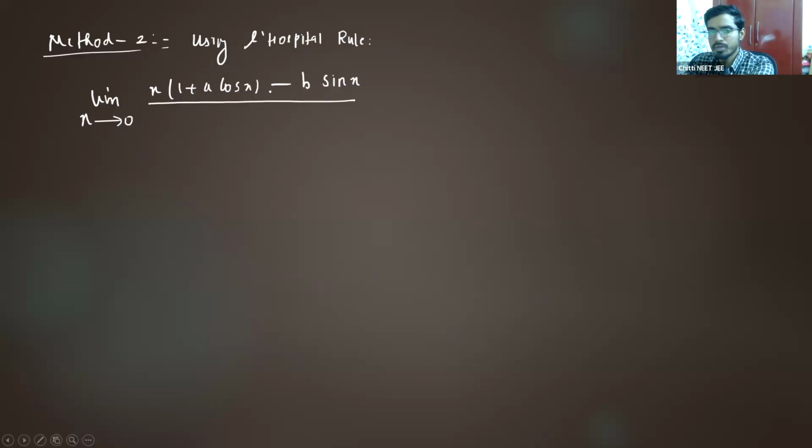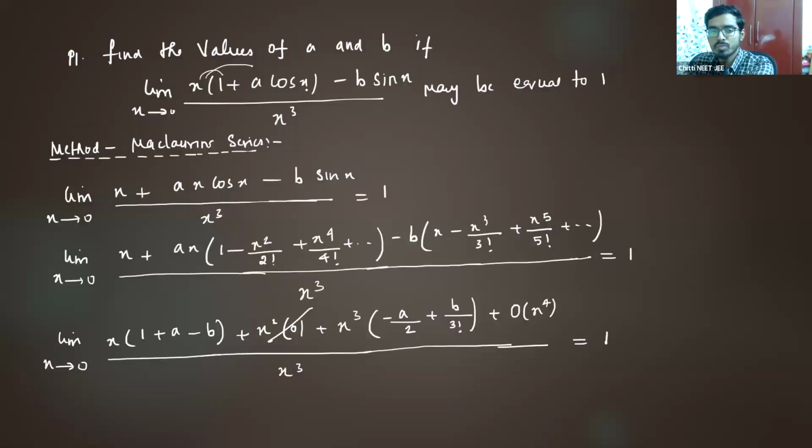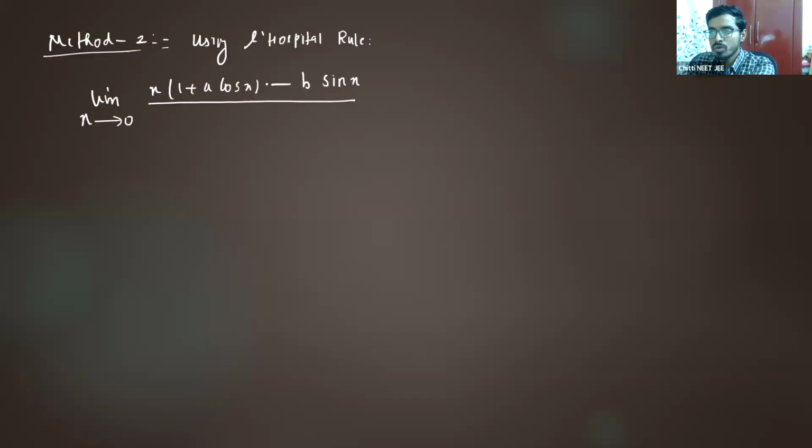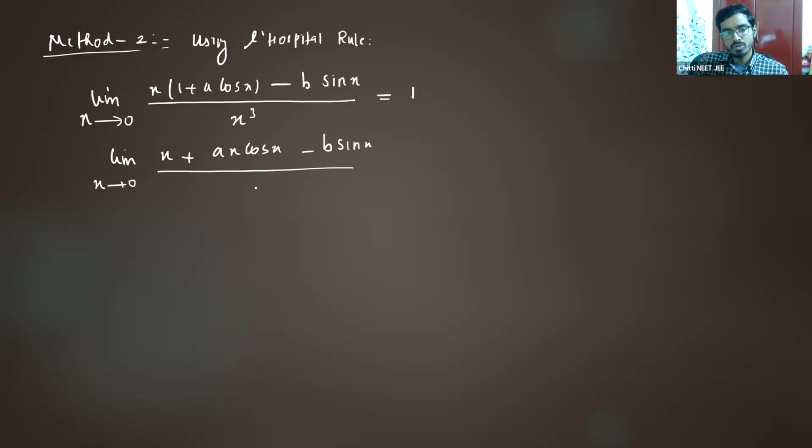I will do 4 to 5 questions, but I'll do the same question using L'Hopital rule. So this is limit x tending to 0, x plus a x cos x minus b sin x whole divided by x cube.